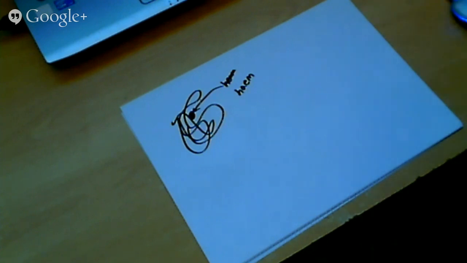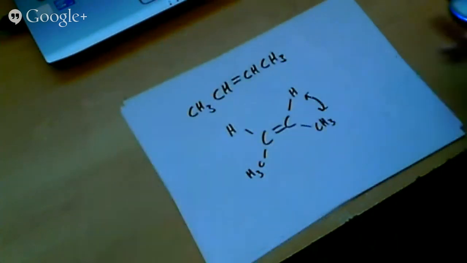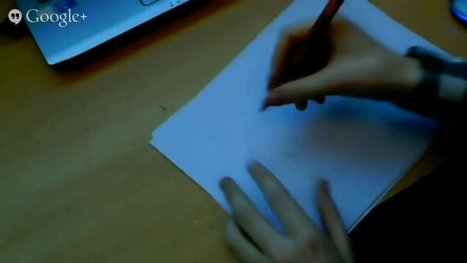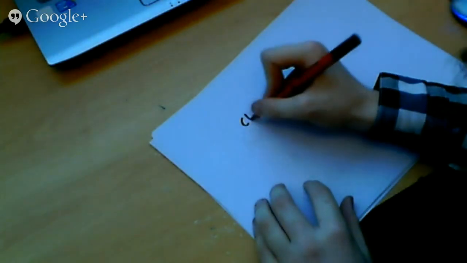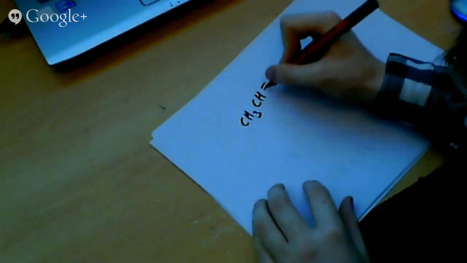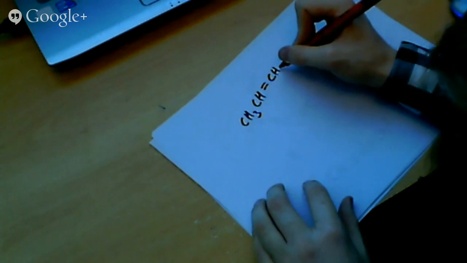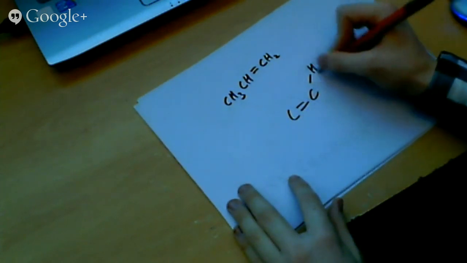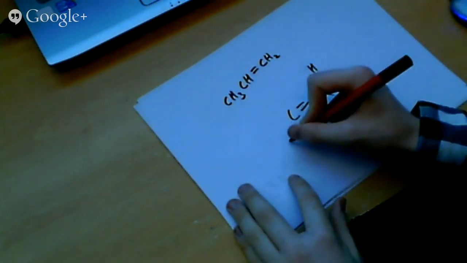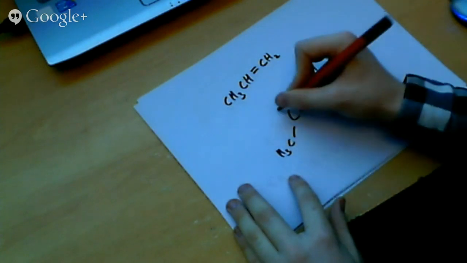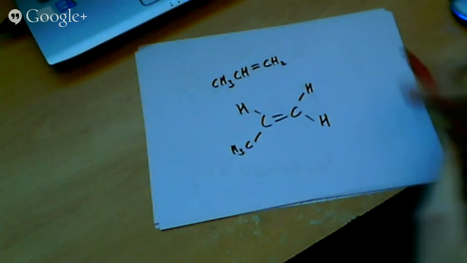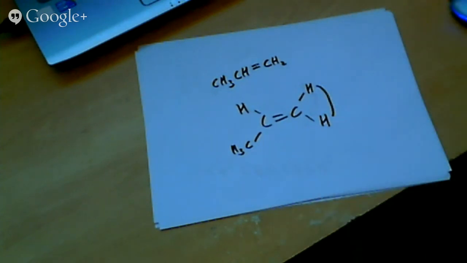Oh, sorry, go back. Because let's say you had propene. If you look at the structure, this can't show cis and trans isomerism because there is the same group on one carbon.